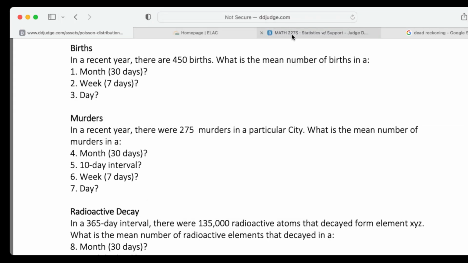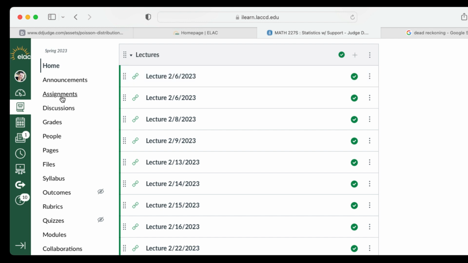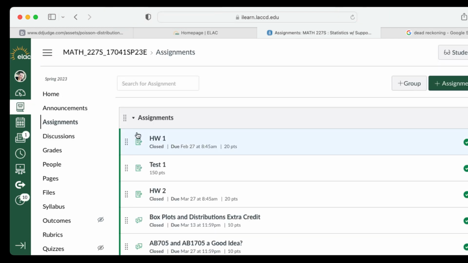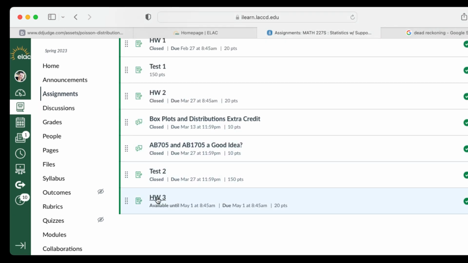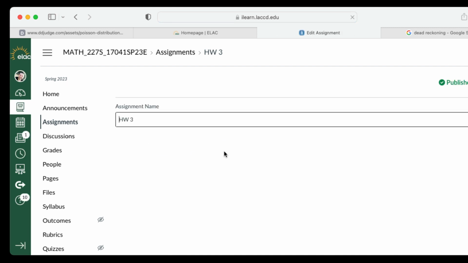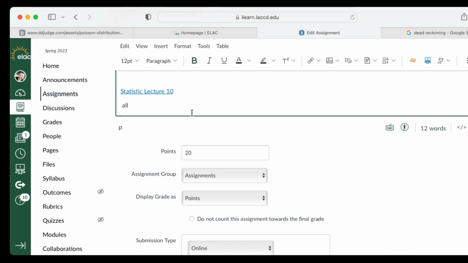Let's go to Canvas. Where are we going here? Homework number 3, right? I'm going to do this for you guys.